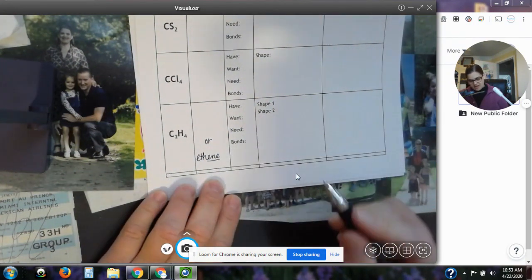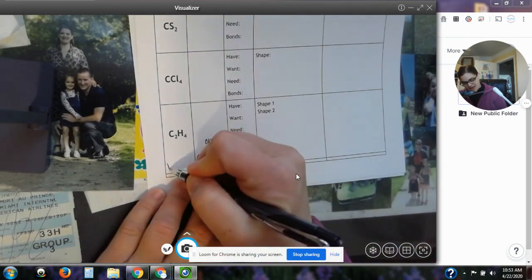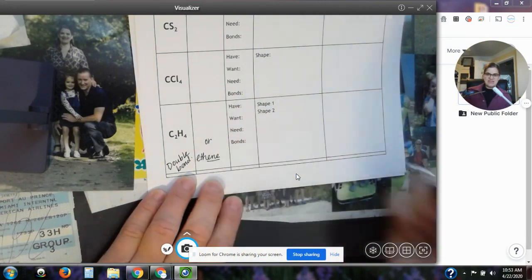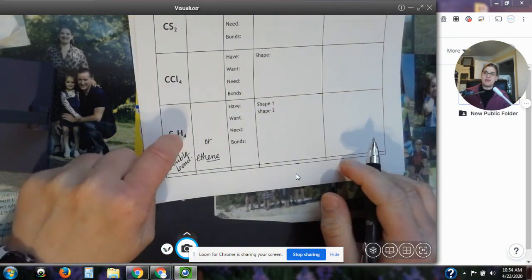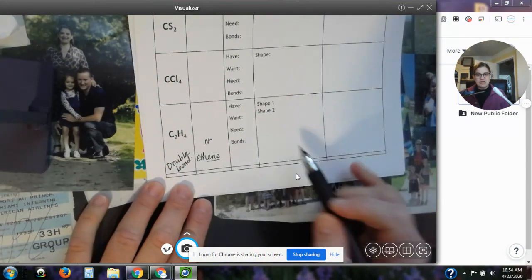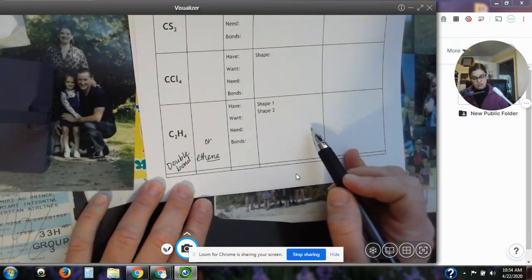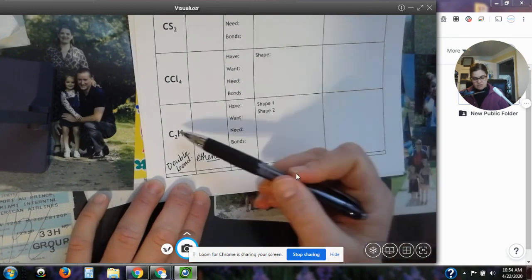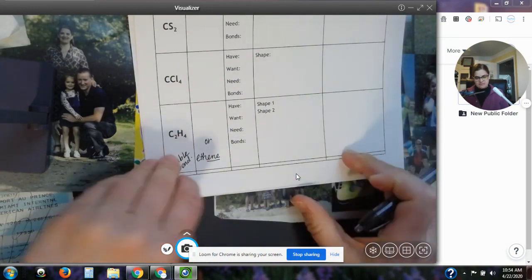And when you have an ethene, it means that you have a double bond between the carbons. Obviously, a hydrogen cannot have a double bond because it can only have 1 bond. So there is going to be a double bond that's really going to help you when you go to do the Lewis structure, and you'll end up, because there are 2 carbons, with 2 shapes.